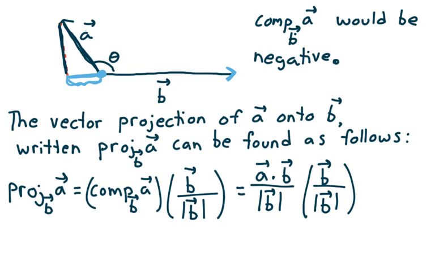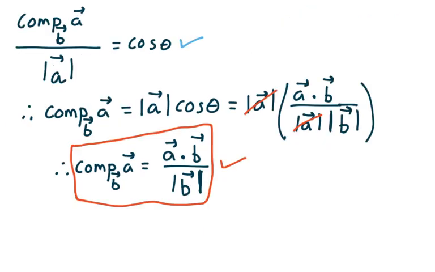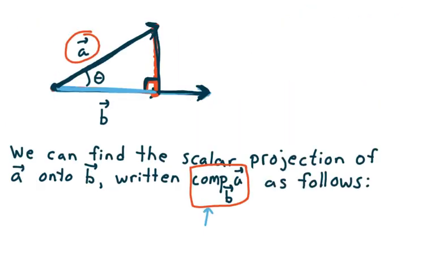Next, I want to find the vector projection of A onto B. The vector projection of A onto B is written this way. I'm going to go back to the original picture. The vector projection is literally a vector, and I'm going to highlight it in red.